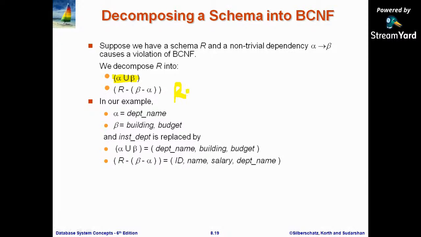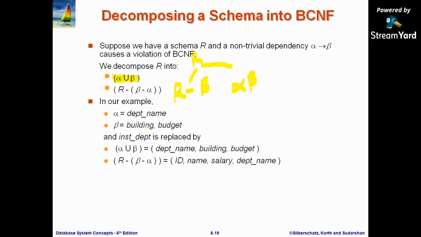So our relation R will be decomposed into two parts: R minus beta, and alpha beta. Now we will see how it is decomposed.